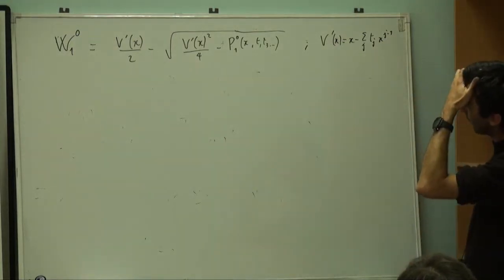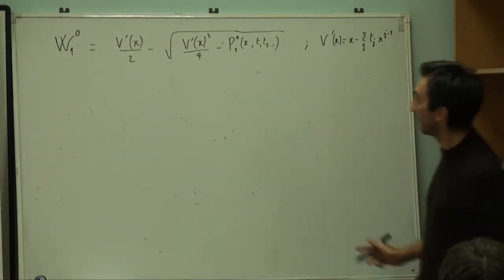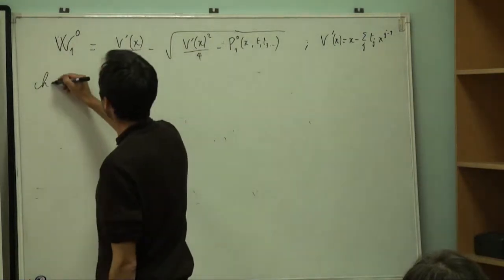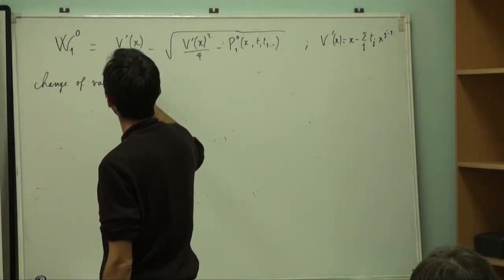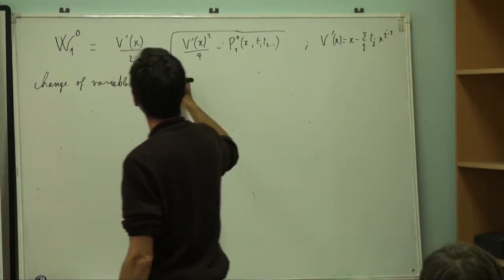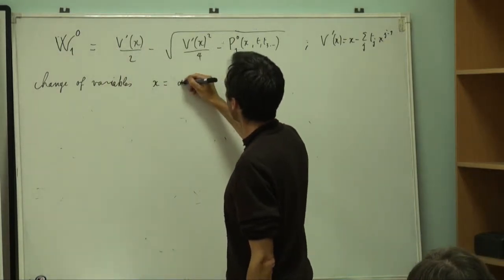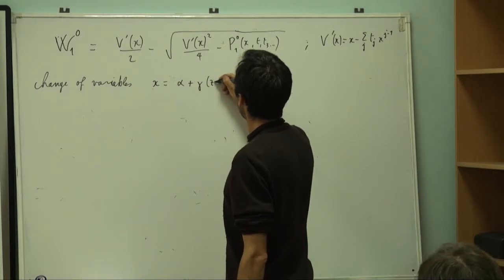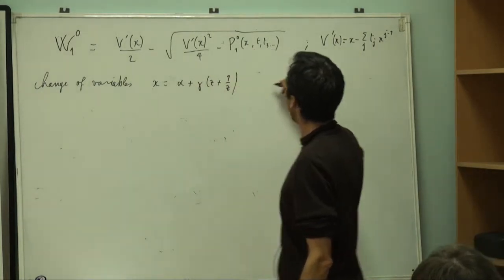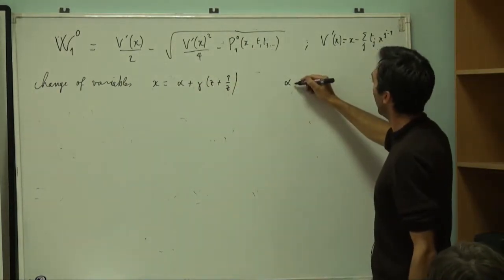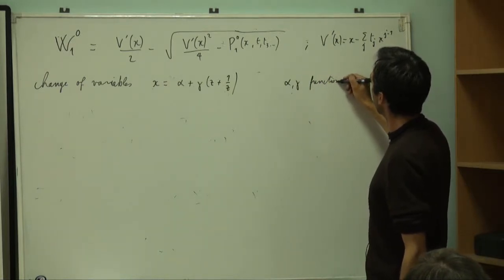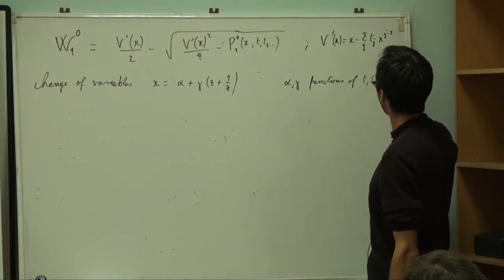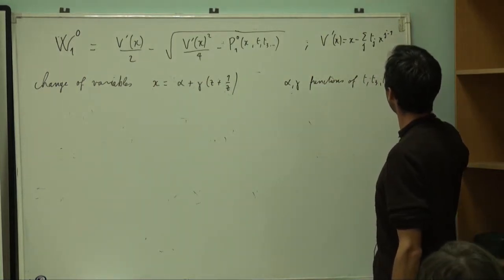And there was a good change of variable: x was alpha plus gamma times z plus 1 over z, where alpha and gamma are functions of t, t3, t4, and so on.